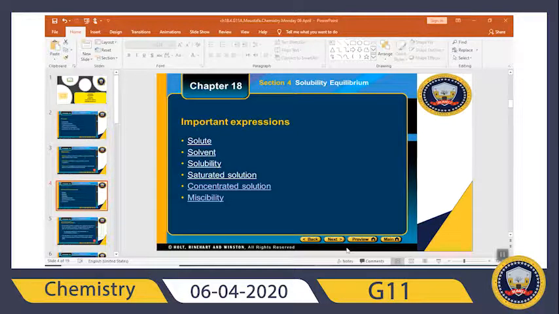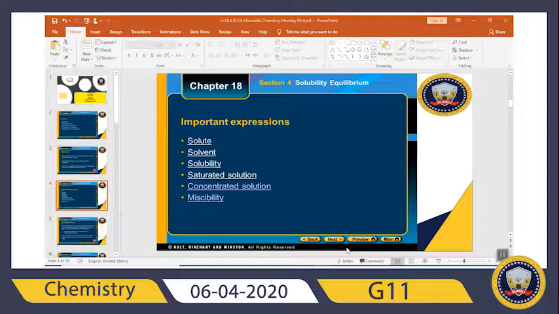which is a solid, and you dissolve it in water, a little amount of this silver chloride will dissolve in water, because silver chloride is slightly soluble in water. The amount which is released from the solid and distributed in the solvent gives a saturated solution. There are no more silver chloride particles to dissolve in the solvent.